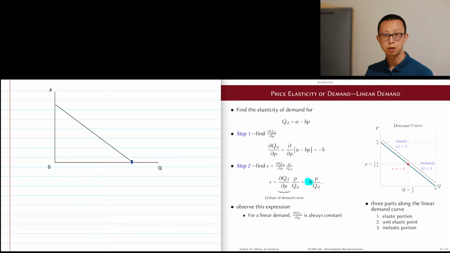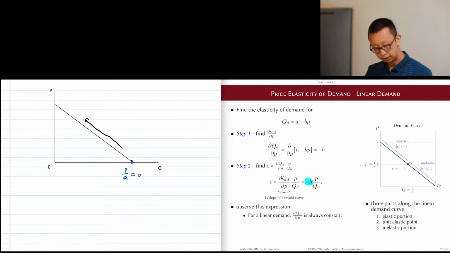Imagine that we are starting from the Q-intercept, and we start to slowly ride along this linear demand curve upwards. And let's think about how the ratio of P over Q changes. When we're at the Q-intercept, what is the ratio of P over Q? Well, at this intercept, P is going to be 0, and Q is going to be some large positive number. So the ratio is going to be 0.